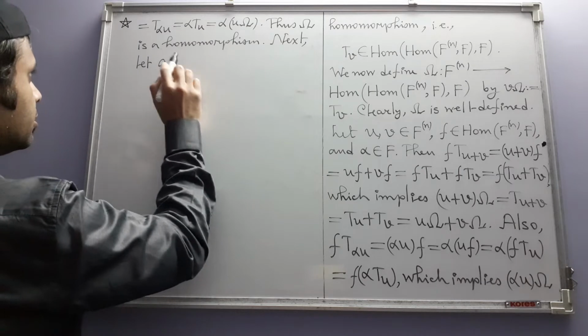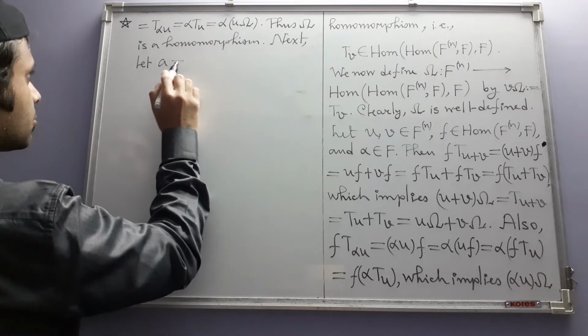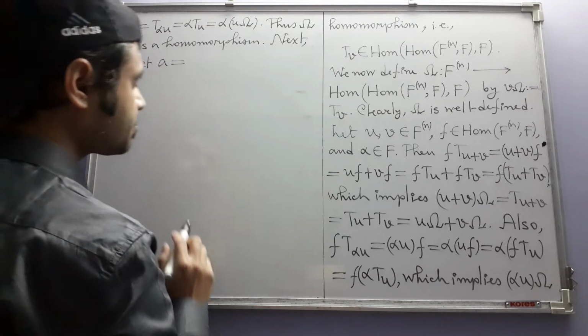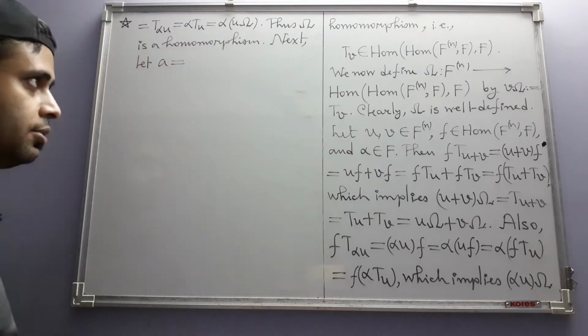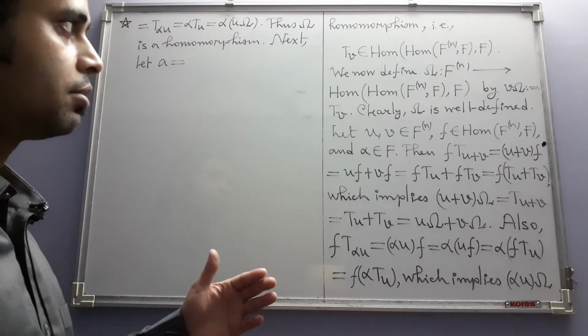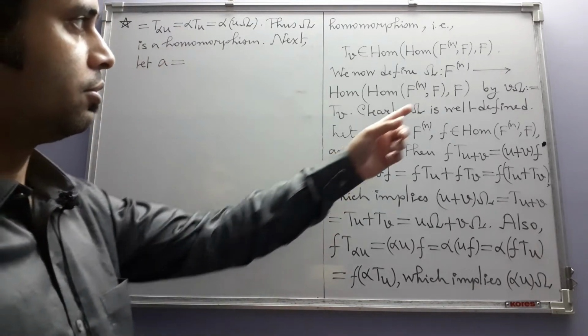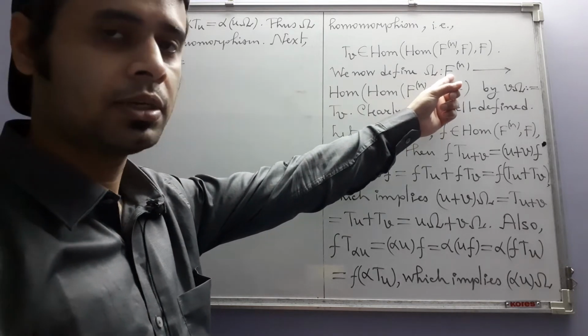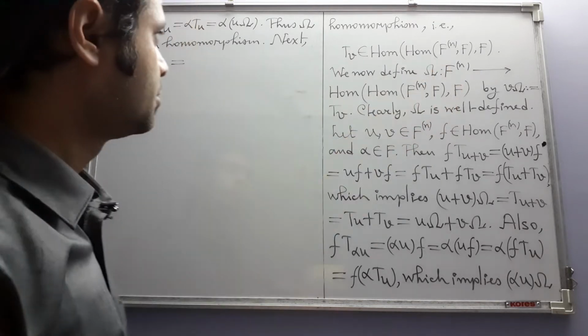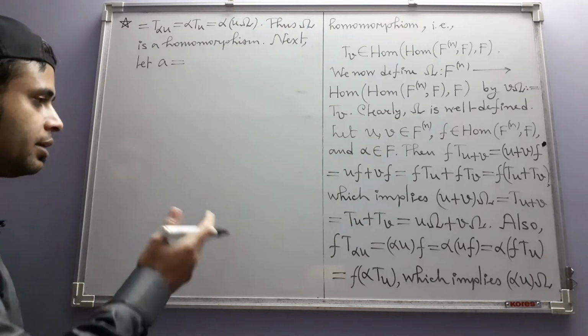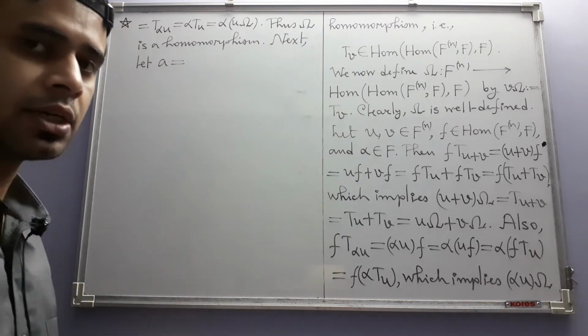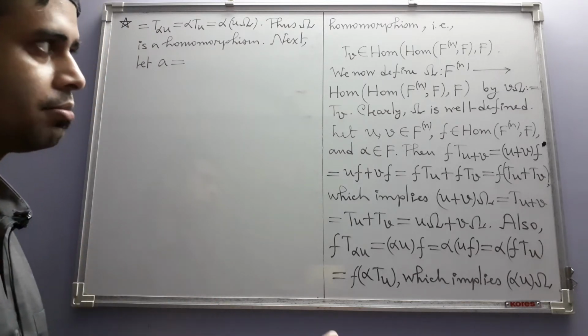So next, let A be any element in the kernel of omega. Now the kernel of omega we know is going to be a subspace of Fn. So that means if we are taking any element from the kernel, it's going to be an n-tuple in Fn.